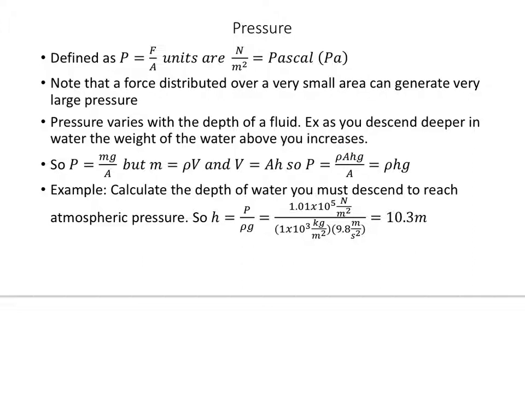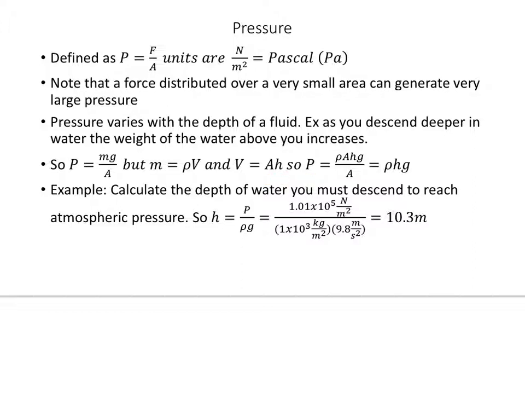So a little bit more quantitative expression for that. Since we're talking about the weight of the water above you, the pressure would be mg divided by A, where mg would be the weight of the water. But mass is equal to the density times the volume. And as we saw in the previous slide, volume is equal to area times height.